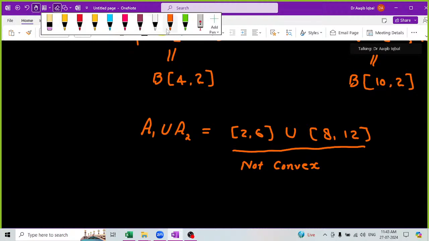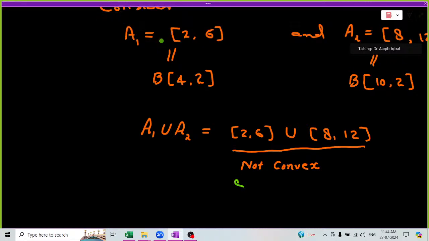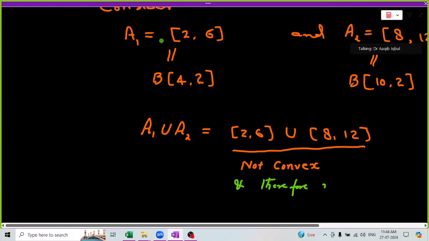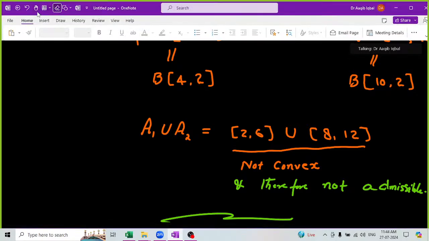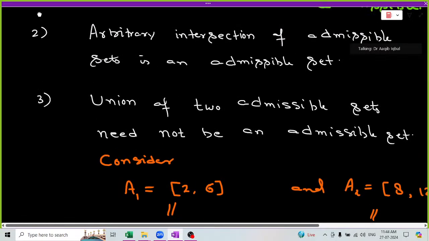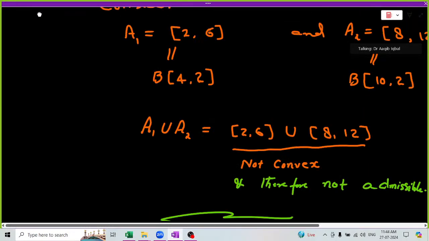Admissibility need not imply convexity because there may not be any means to check the convexity. लेकिन यहाँ चूँकि ये नॉट कॉन्वेक्स है, so it's not admissible. ठीक है. So I have justified my assertion that union of two admissible sets need not be an admissible set.